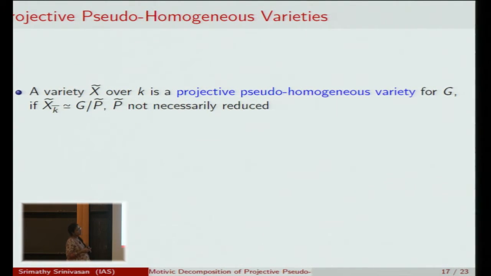These are nothing but varieties over K, which when you base change to the algebraic closure become isomorphic to a VUF. So you have flag varieties on one side, VUFs on the other side, and then projective homogeneous varieties, which are twisted forms of flag varieties, and we have projective pseudo-homogeneous varieties, which are twisted forms of VUFs.